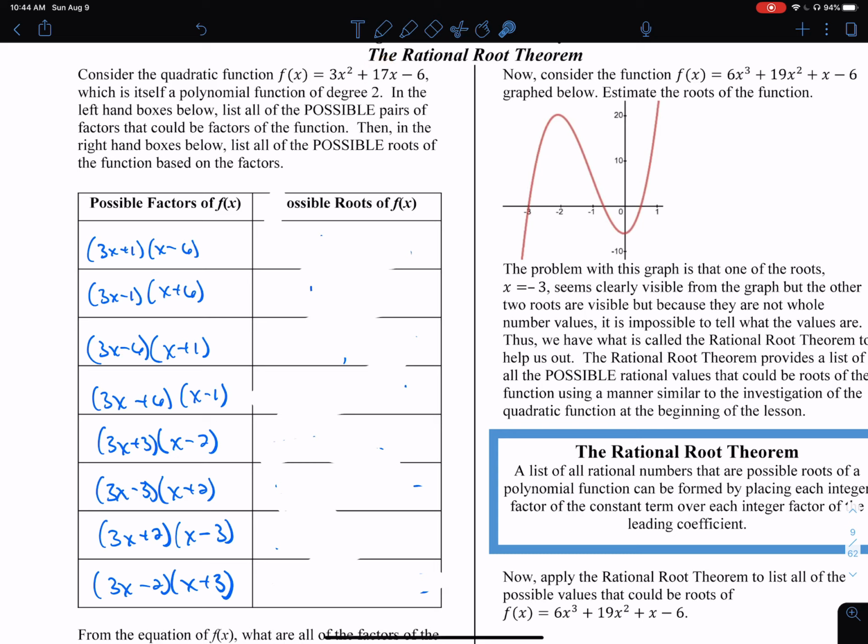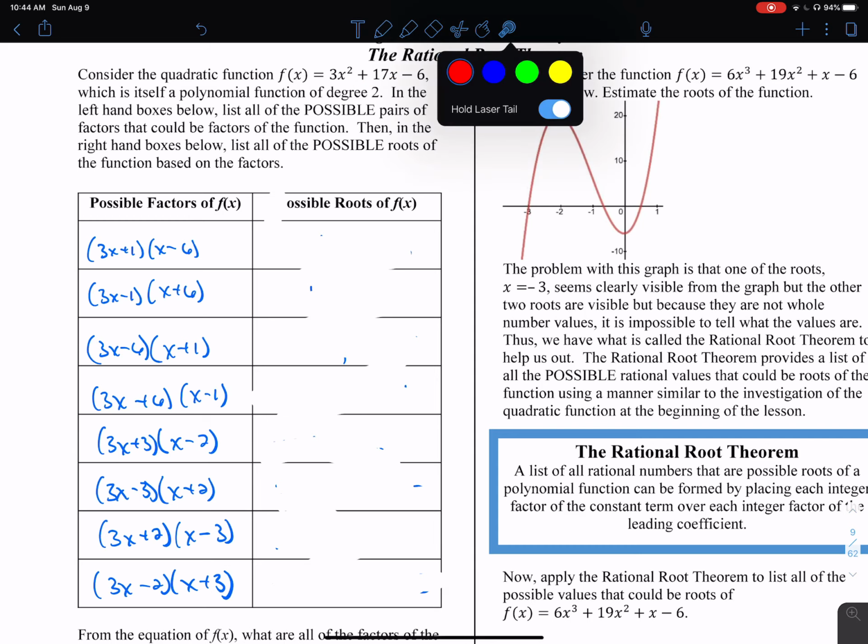Now the reason we disregarded the 17x, if we knew how to factor this so that happened, this would be easy and be finished. There's no point in doing any of this. We're trying to make a point, and the point is that if you list all the combinations of factors that give you the correct first term and last term, and disregard the middle term, there is a way that you could list all these factors.